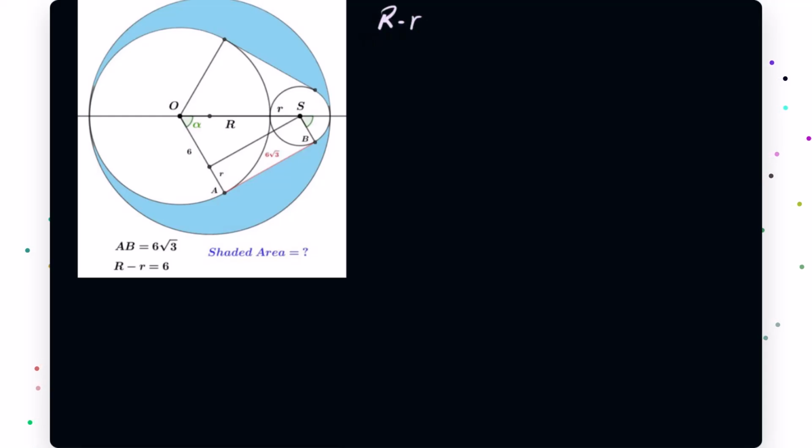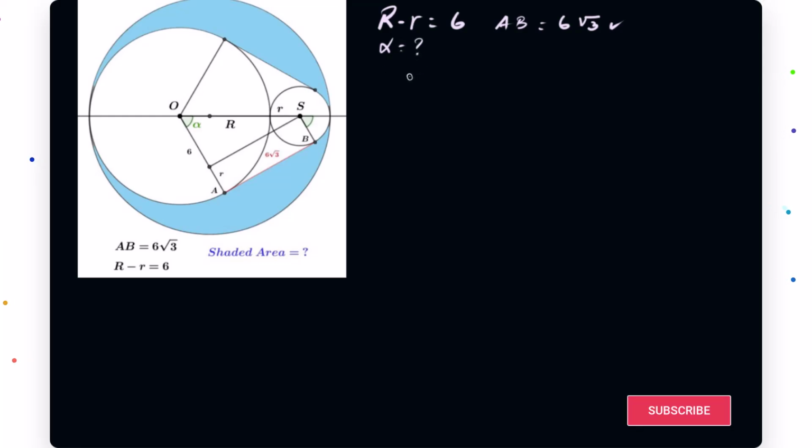So what we know is that the difference between the two is 6, but we have a right triangle with alpha there also. So AB is 6√3, and we can calculate alpha later, but let's find what R plus r is. That is OS.